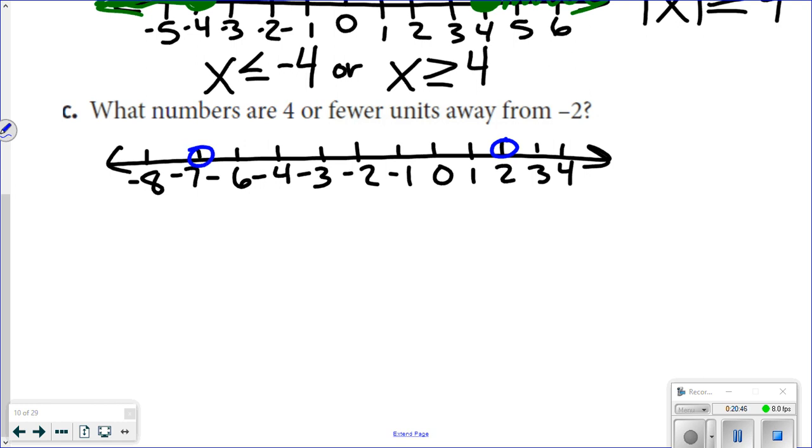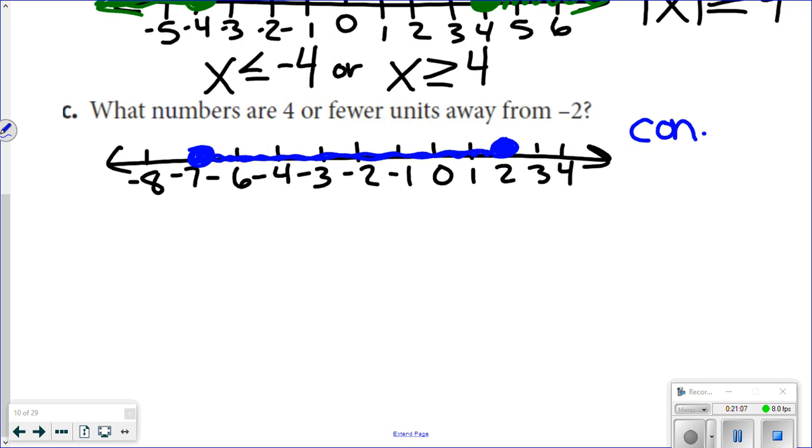And because it says 4 or fewer, I know that 4 units away is included, so let's fill in or close our circles here. Or fewer, so we're going to shade in the middle. Ooh, conjunction. They're connected.